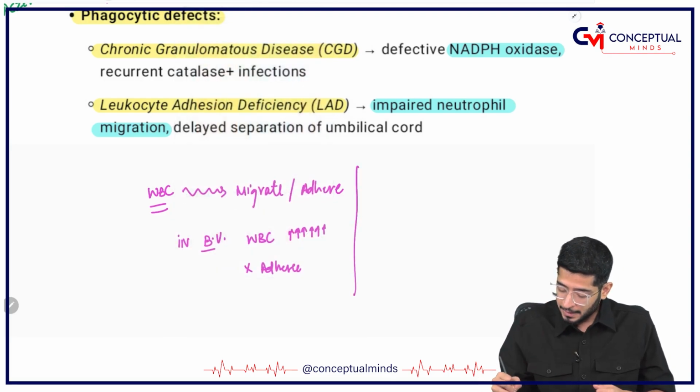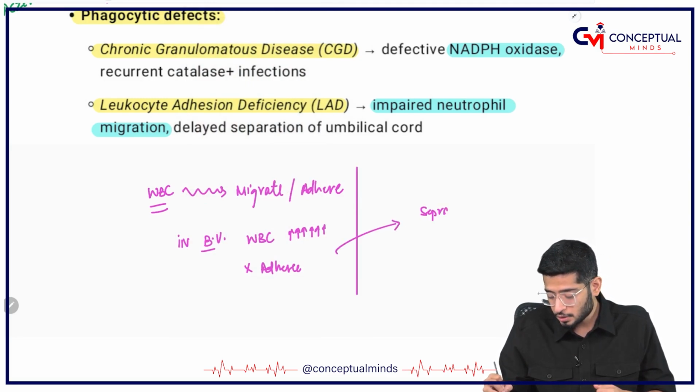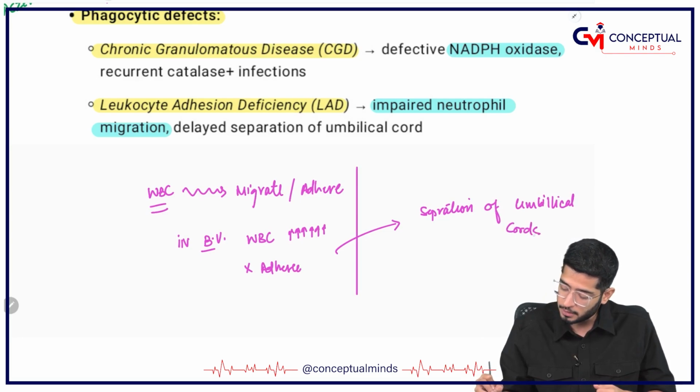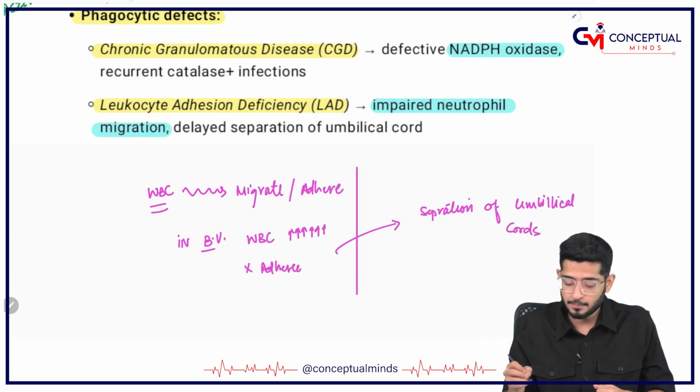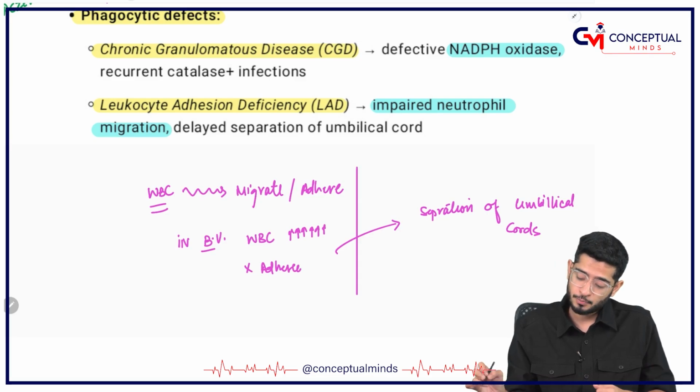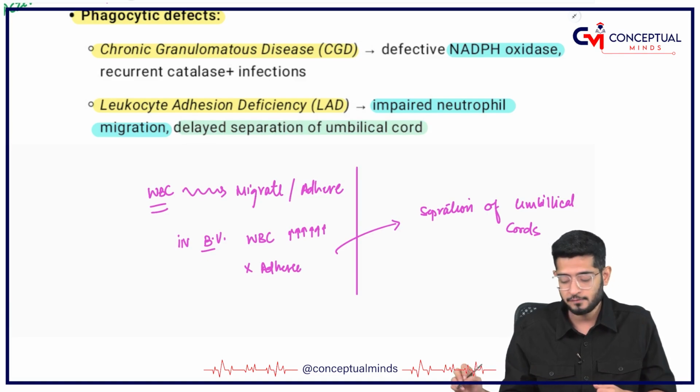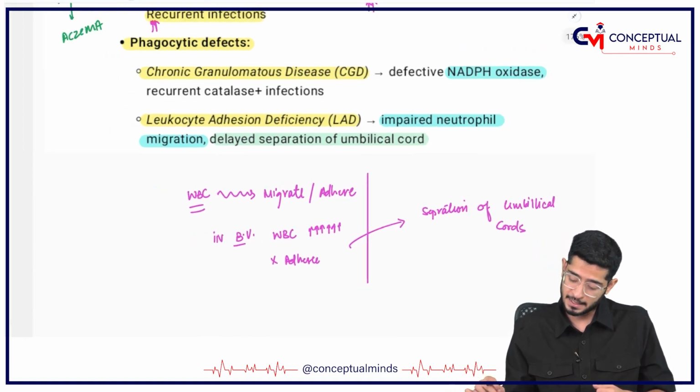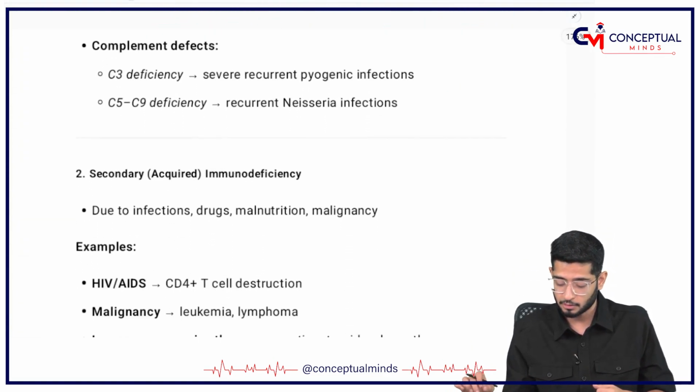Now, you know that the neutrophils are responsible for the separation of the umbilical cord. In newborns, the separation of the umbilical cord happens with the help of neutrophils only. Because they are not migrating, there is delayed separation of the umbilical cord.